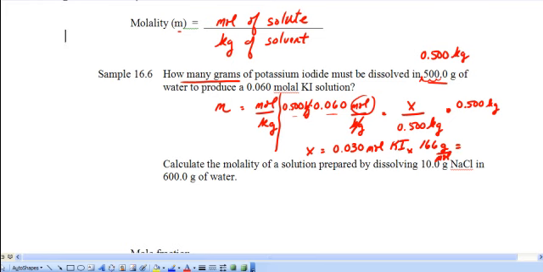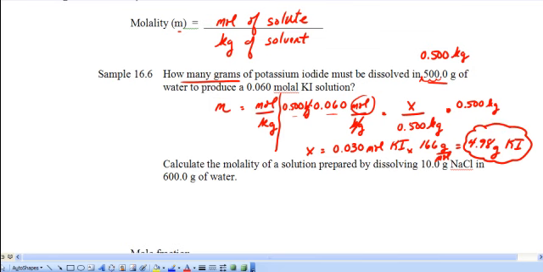So when you take 0.030 times 166, you get 4.98 grams. So you take your 4.98 grams of potassium iodide, dissolve it in 500 grams of water, and you'll produce a 0.060 molal solution.